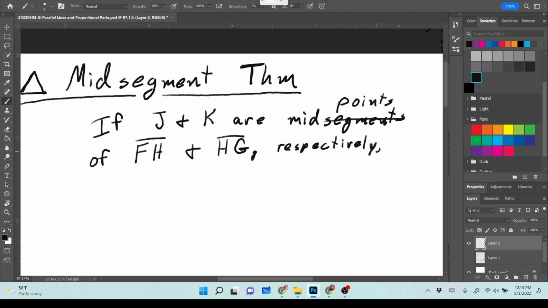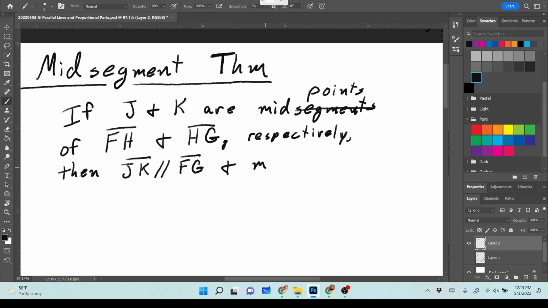Then JK is parallel to FG and the measure of JK is half of the measure of FG.